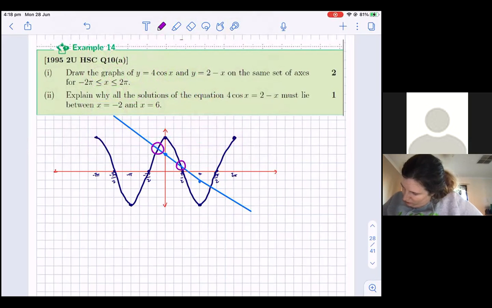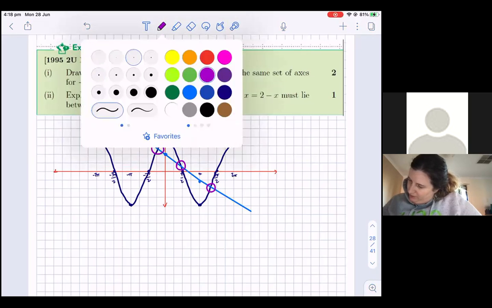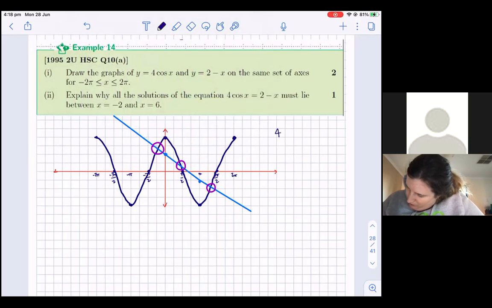So we've got 1, 2, 3 solutions. Now, figuring out why they must be between -2 and +6, we can talk this through algebraically. If we've got 4 cos x equals 2 take x, we know cos x is between -1 and 1. So at the least, we're going to have 4 times -1 equals 2 take x. -4 equals 2 take x. x equals 6.